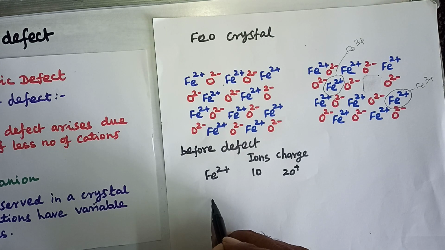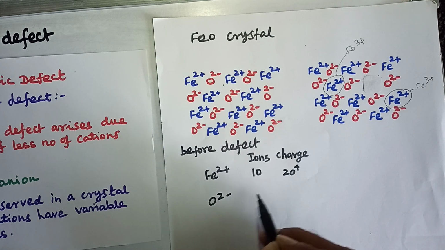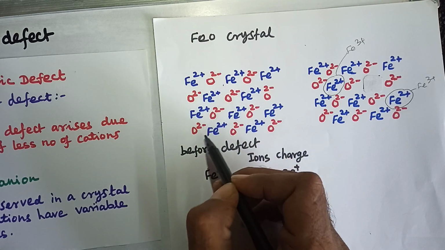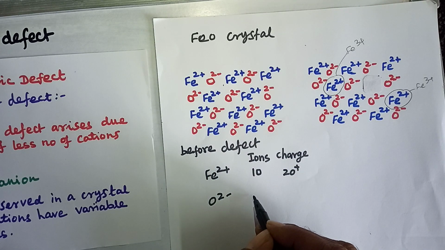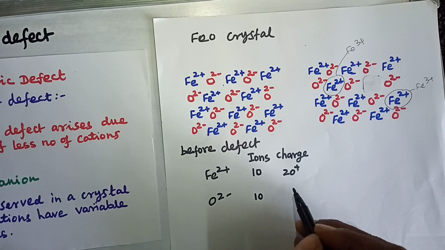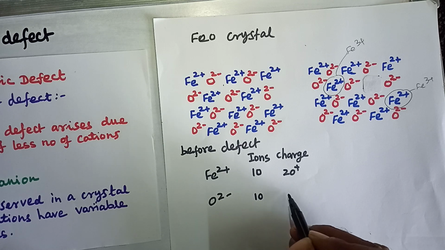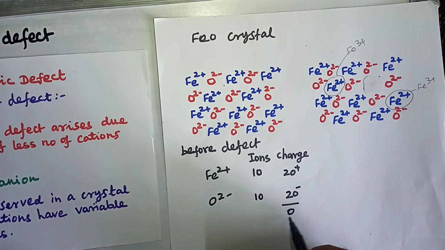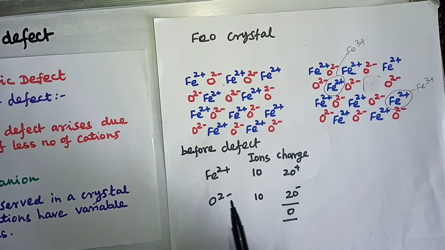And O2- ions: 1, 2, 3, 4, 5, 6, 7, 8, 9, 10, also 10 ions, 10 twos are 20 minus charge. Here the net charge is 0. Before the defect, the numbers of cations and anions are equal.